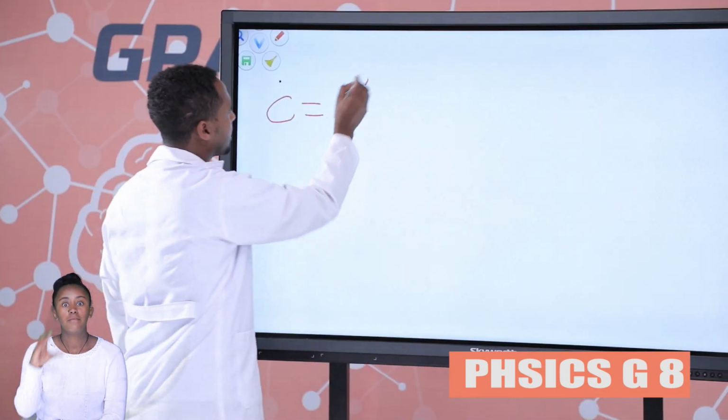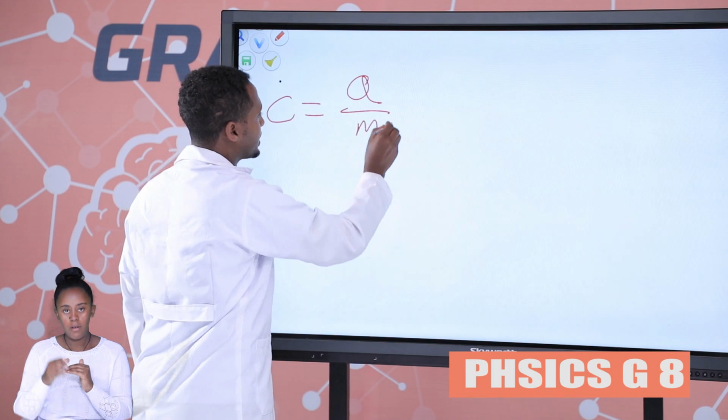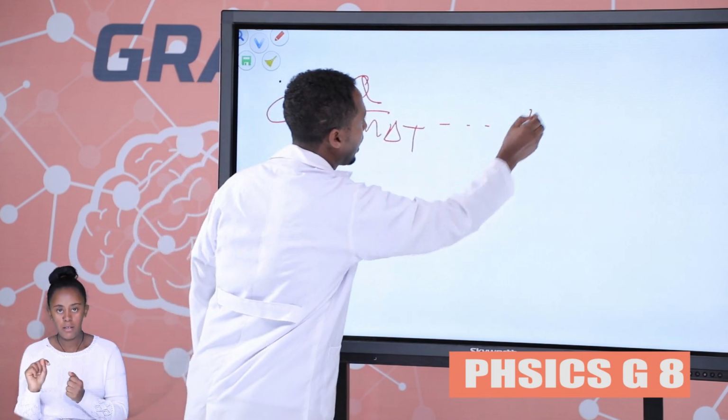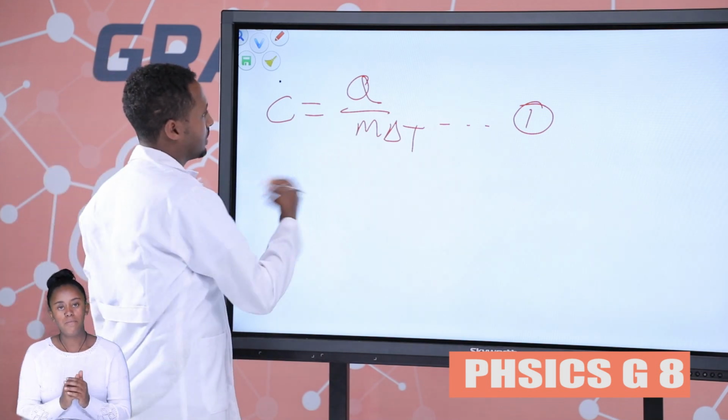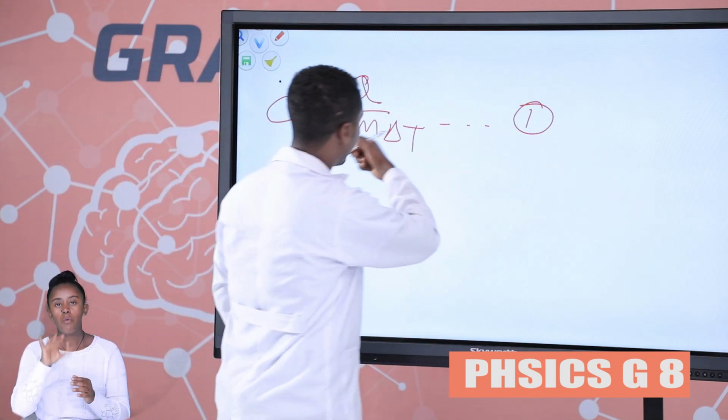Now C is equal to Q over M change in T, formula 1. We can get another formula from this.